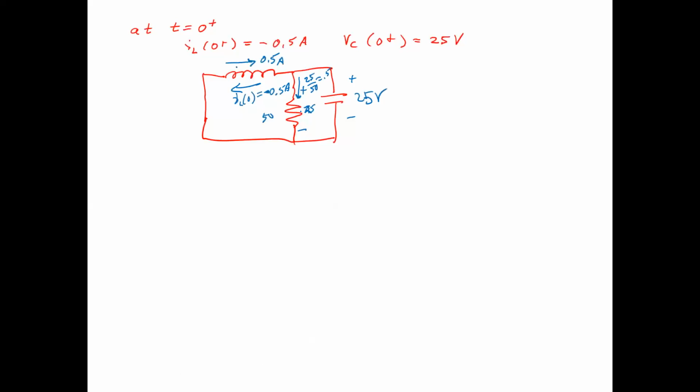So all of it is going through the resistor. So IC of 0 plus is equal to 0, right? KCL. And that means dV dt at t equals 0 also equals 0, because it's IC over C.